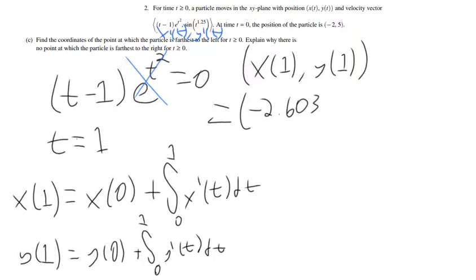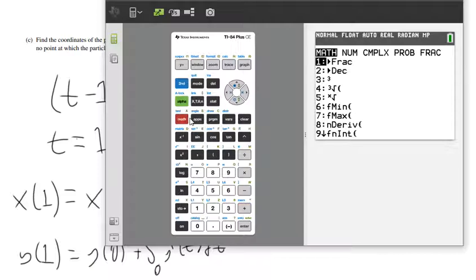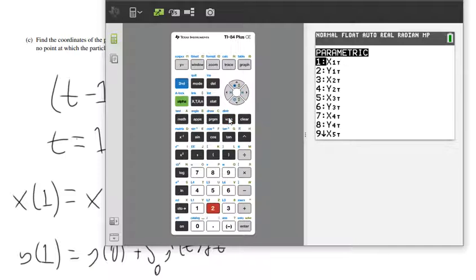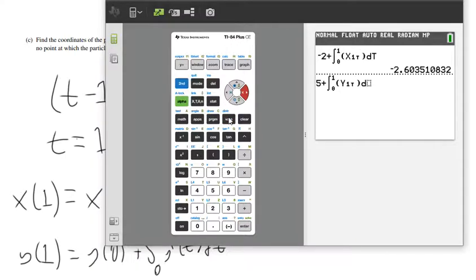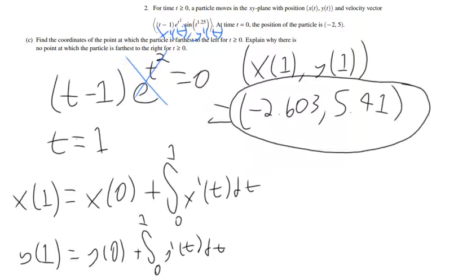Sorry, that's my x-coordinate. Then my y-coordinate right here is going to be y of 0, which is 5, plus the integral from 0 to 1 of y prime of t, which again is stored in my y sub 1 of t dt. And there's my y-coordinate, 5.41. I don't think you have to put down 5.410. I think you can just leave it like that.